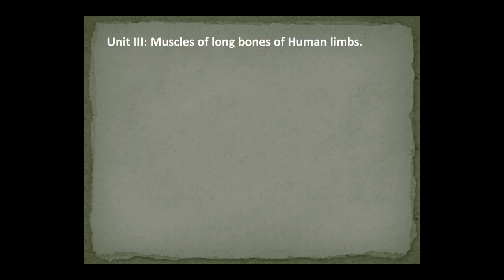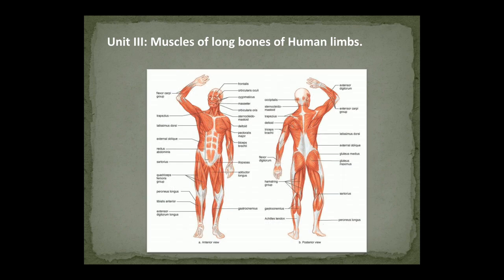The third unit is about long bones and muscles of human limbs. Human limbs means hands and legs, so we'll be dealing only with the muscles of hands and legs. The hands means the biceps, triceps muscles, some of the muscles of the shoulder region, the forearm muscles, the wrist muscles, and the legs means the muscles from the thigh region, anterior thigh region, posterior thigh region, the calf muscle, and the feet muscle.